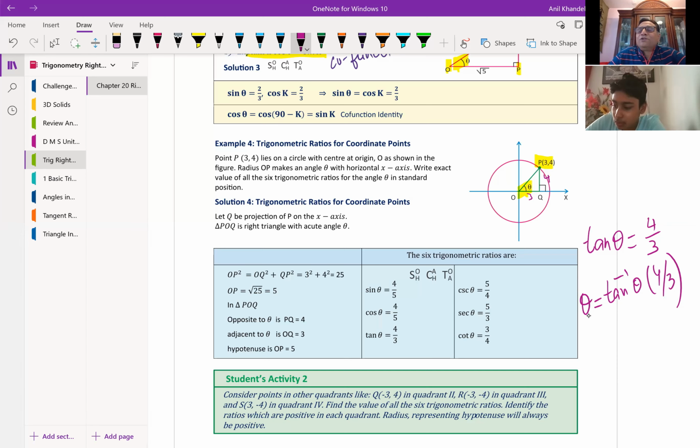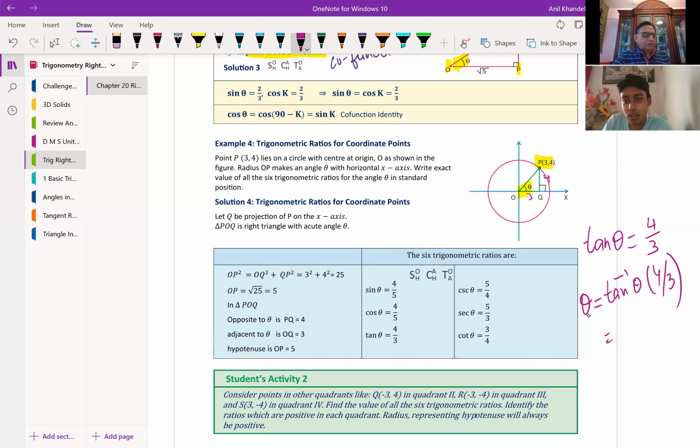Now, for that, you need to use a calculator. So inverse function, you can apply with the shift key. So shift tan, that will give you the tan inverse. And then within brackets, write 4 over 3 and tell me, what angle do you get? I got 53.13, sir.